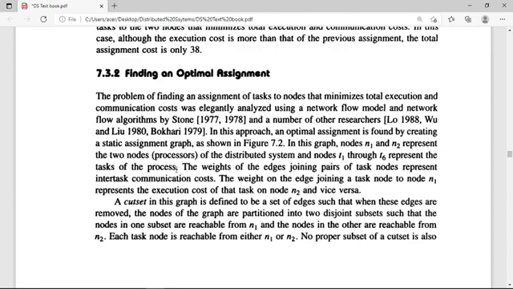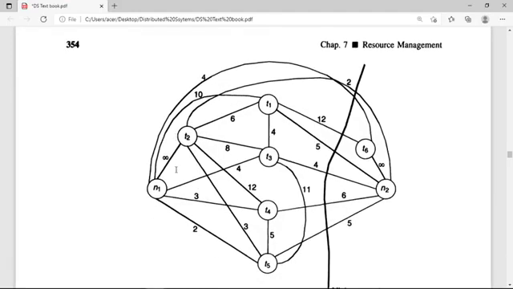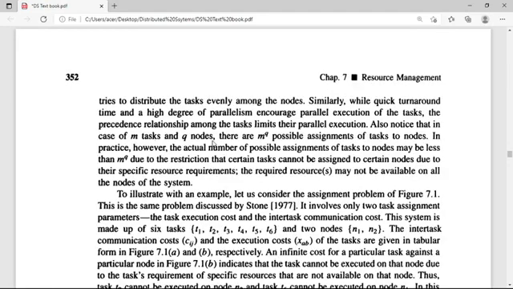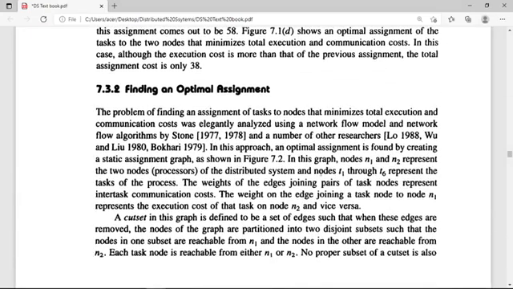So the weights of the edges joining each task node will represent the inter-task communication cost. See here, task to task, for T1 to T2, 6, like that. A task to task edge is called the inter-task communication cost.